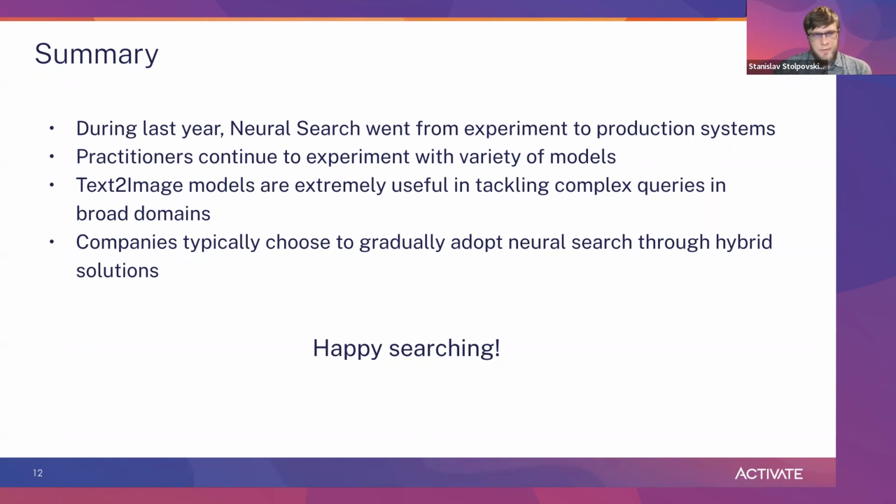And text to image is now a real thing which we can use. And there are lots of retailers that will be extremely happy to see these models in their catalog, because they have good product images but bad descriptions. So in these cases, it will be most helpful to use this type of model.